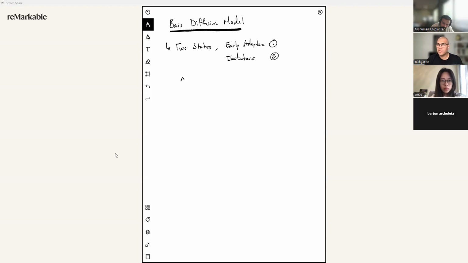Now it looks a little bit better graphically. So let's say we're going to call this f of t, and t as in time. What we can expect with our model is that f of t is going to be what proportion of the market we're capturing.